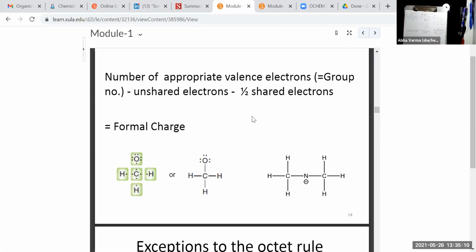What does that even mean? So if you look at the screen, I have a CH3 and an O. Okay, let's figure out the formal charge on our O. And I'm going to draw the Lewis dot structure.